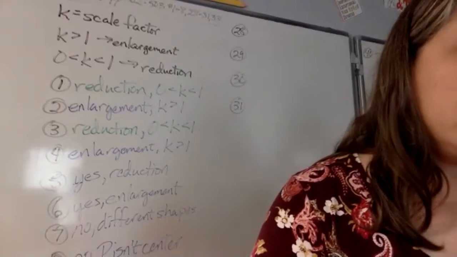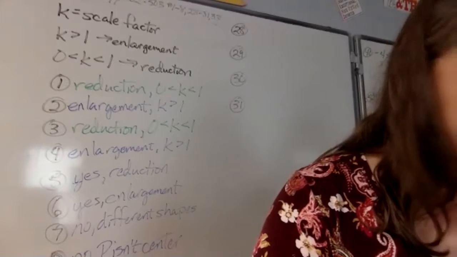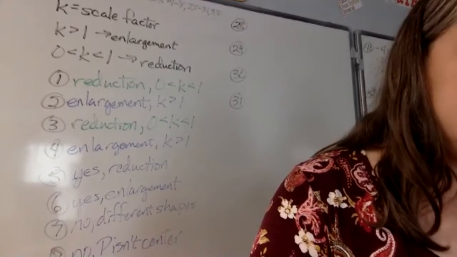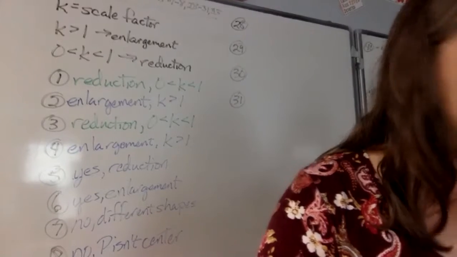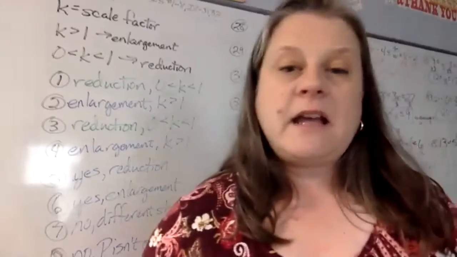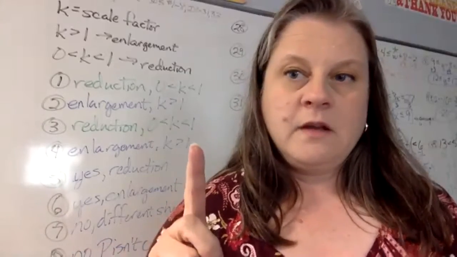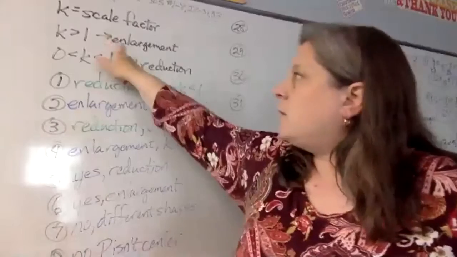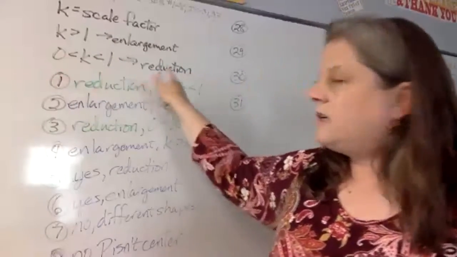For these directions, it says, find the scale factor for each dilation centered at point P and state whether the dilation is an enlargement, reduction, or identity. To be an identity dilation, K would be equal to 1. If K is greater than 1, it's an enlargement. If K is between 0 and 1, it's a reduction.